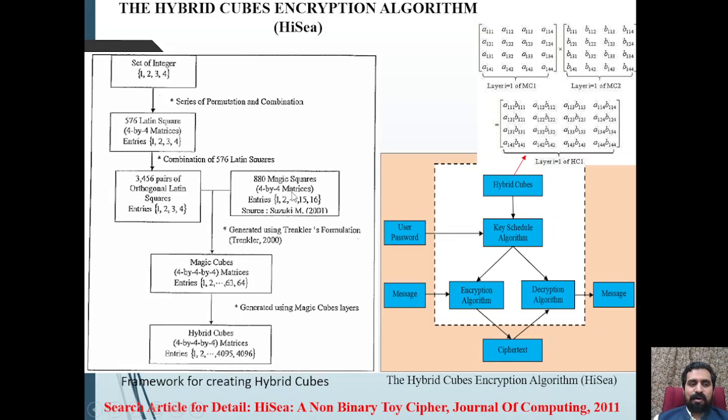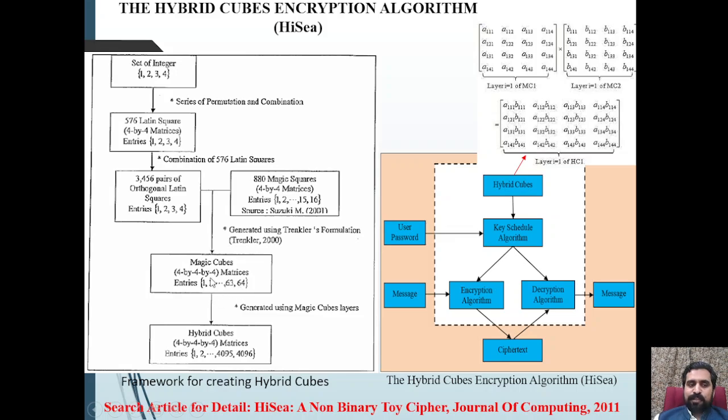The existence of 880 magic squares of order 4 was available. Also, the adoption of triangular formulation constructs the magic cube, whose layer entries fall in the set of integers 1 to 64.